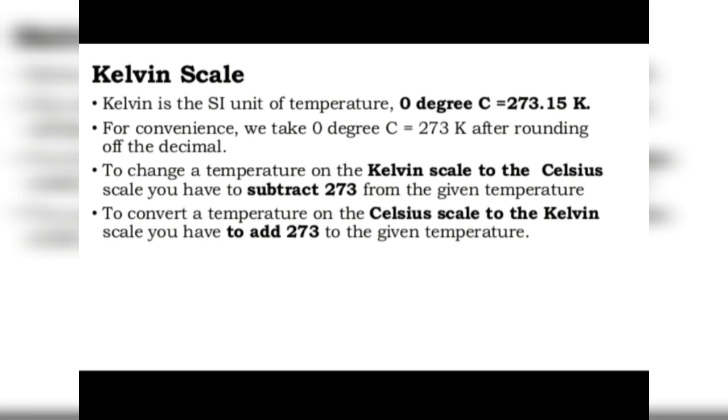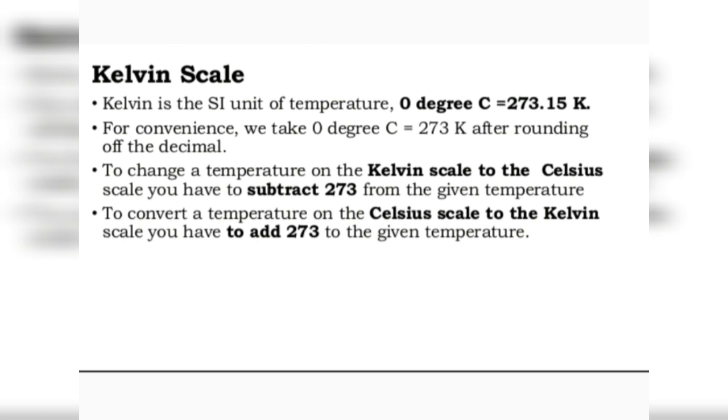So we are coming up with a relation between Kelvin scale and Celsius scale of temperature that can be written as: the temperature on Kelvin scale is equal to the temperature on Celsius scale plus 273, right?